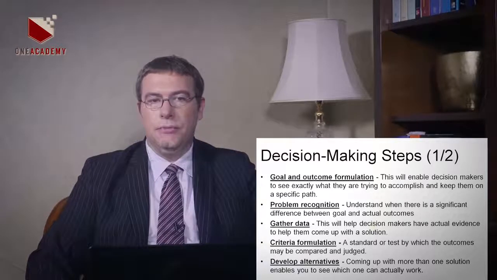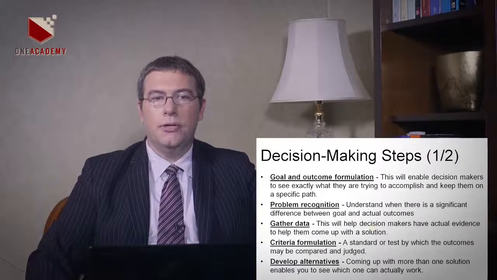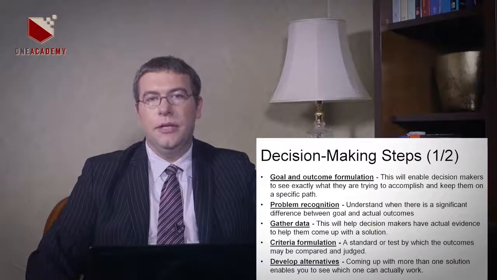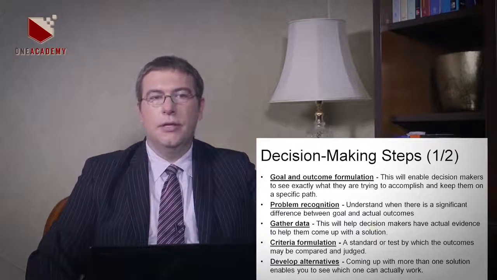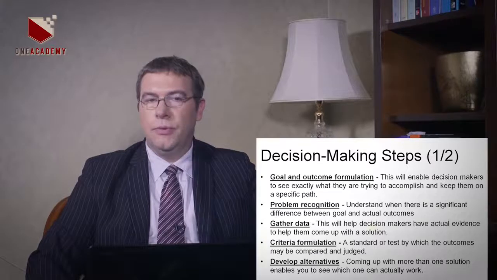Problem recognition is the second stage. Understand when there is a significant difference between goal and actual outcomes. Third stage is gathering data. This will help decision makers have actual evidence to help them come up with a solution.